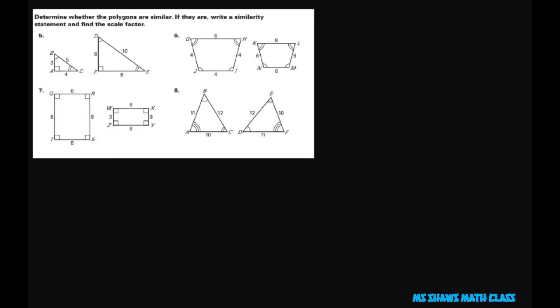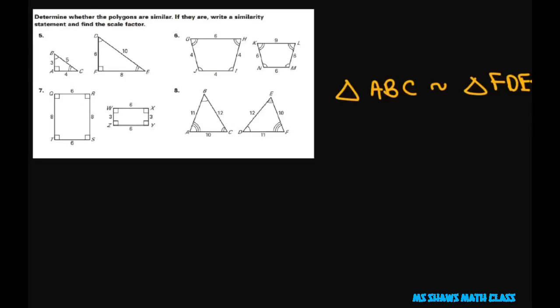And let's look at 8. All right. So if we look at the sides, we have the angles that are all congruent. So let's do the triangles here. Since it's a triangle, we have triangle ABC is similar to triangle FDE because all the angles match up here.